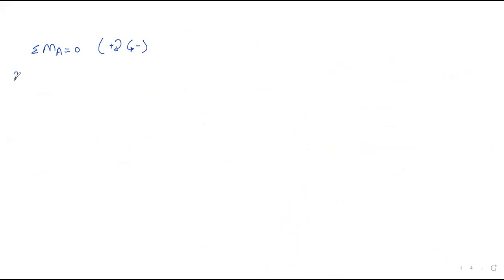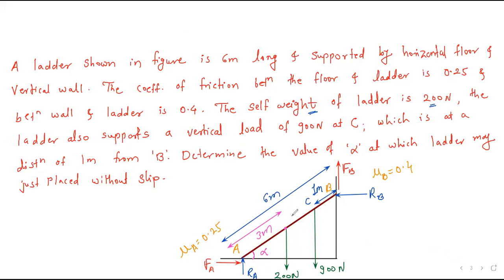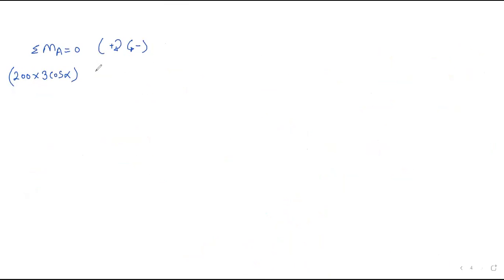Then this 900 into this distance. Total is 6 meter, this is 1 meter, so from this point up to here it is 5 meter. So this will become 5 cos alpha. So 900 into 5 cos alpha, plus.